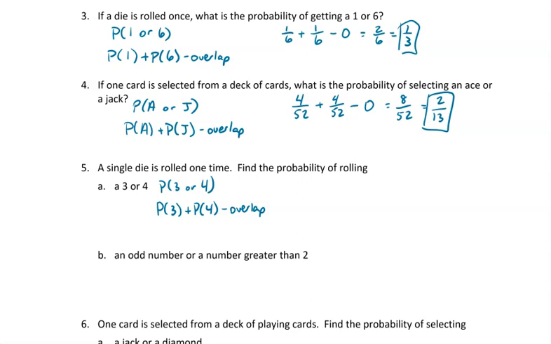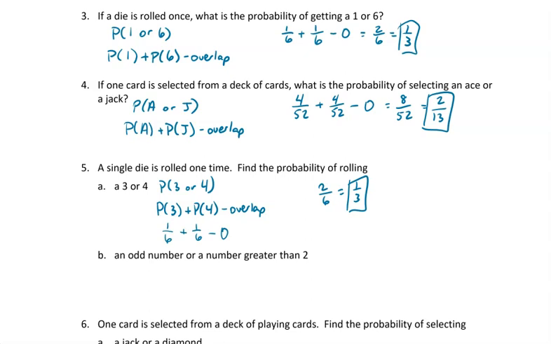The probability of rolling a 3 is going to be 1 out of 6. Probability of getting a 4, also 1 out of 6. And since you can't get both a 3 and a 4 on the same die roll, minus 0. So that's 2 over 6, or 1/3.